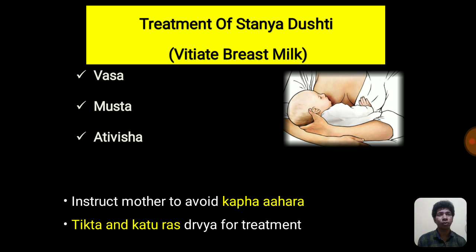So all my focus is on making the diet plan of the mother, seeing what she is taking, and if there is an excess of kapha, if she is taking any of the hetu which we have discussed, like excess of milk product, excess of sugar product, excess of fast food and non-veg, it should be stopped.